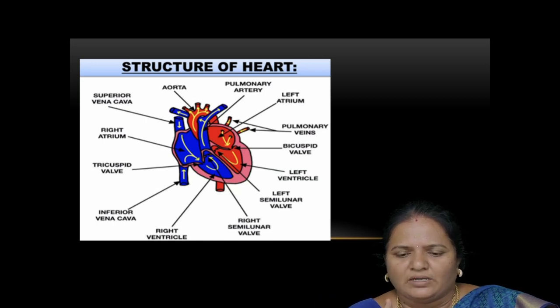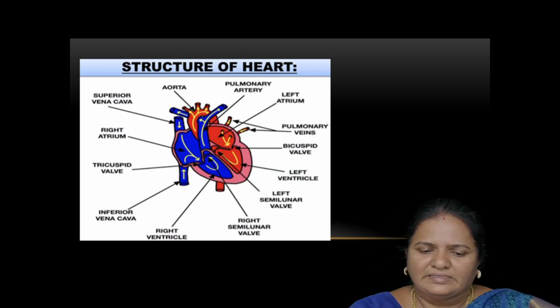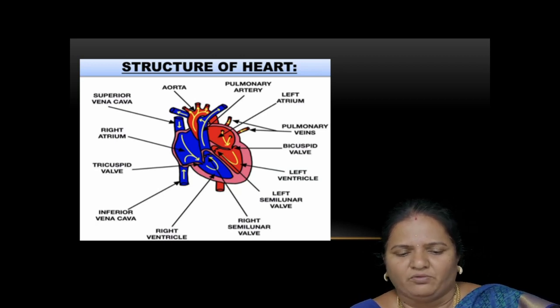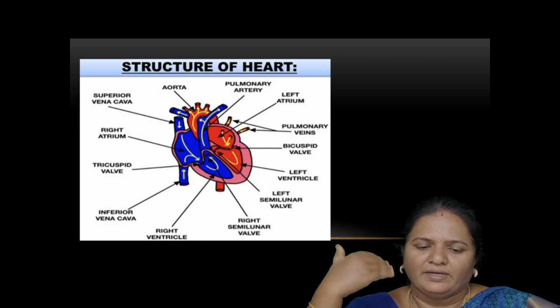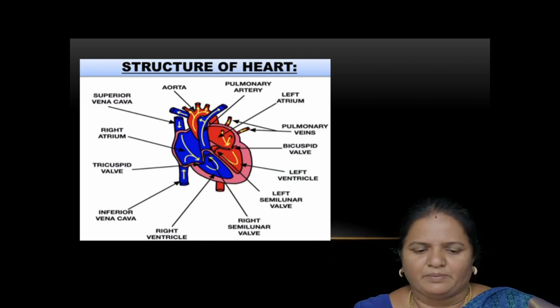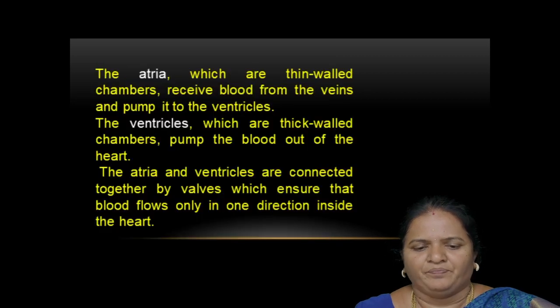This means two valves are there, two closed doors. Then the left ventricle, left semilunar valve, right semilunar valve. On the opposite side is the tricuspid valve, which has three openings. The superior vena cava is located in the upper side and the inferior vena cava is located in the downside.